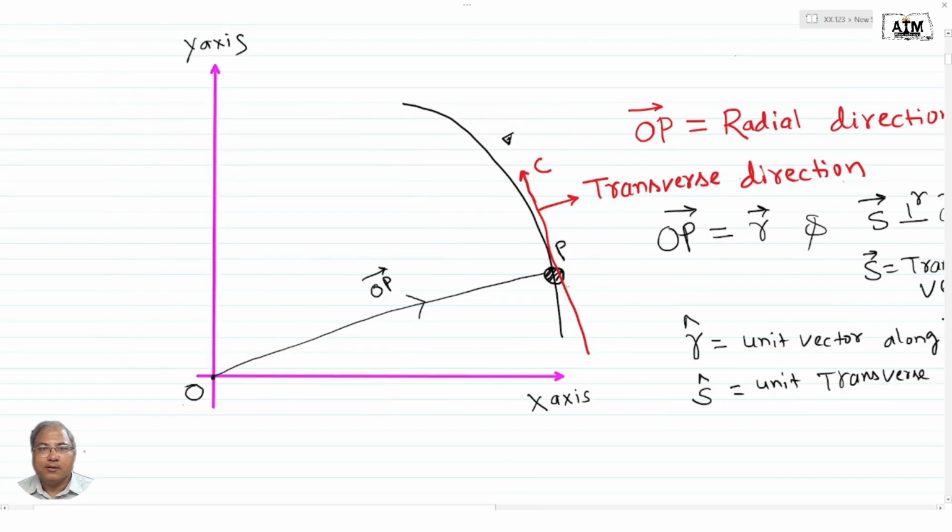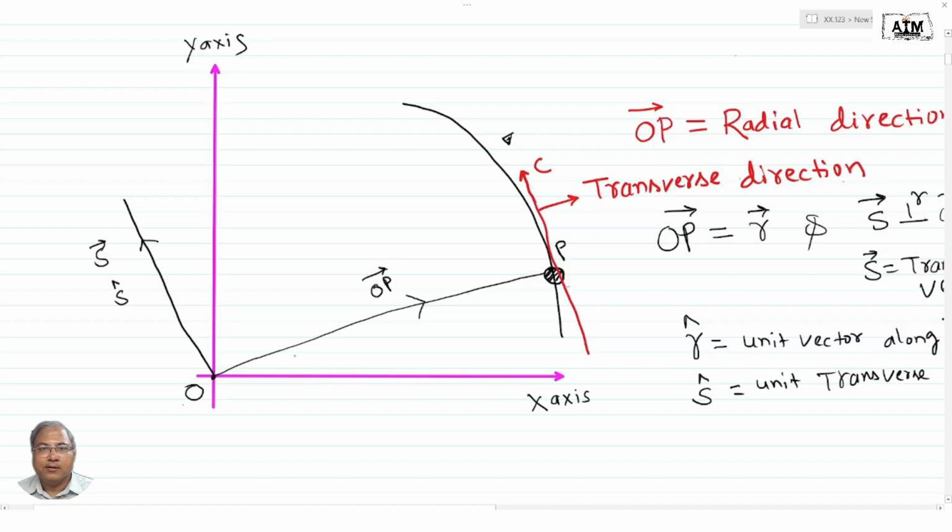S cap is perpendicular to vector R. So I am drawing here a vector perpendicular to vector OP, and in this direction the vector S is there, and S cap is a unit vector along the direction of vector S.